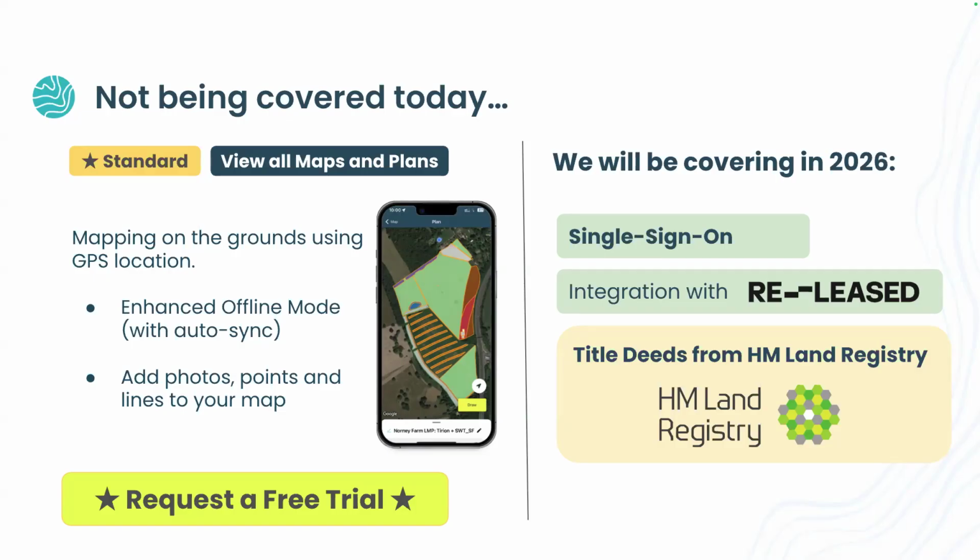So you could have a colleague who sat in the office looking at the map. You could be out in the field with signal, and they'd see your edits that you make through the mobile app. And then it's also a great tool to add things like photos, different points. If you're doing different surveys, it's a really great tool just to be out in the field.